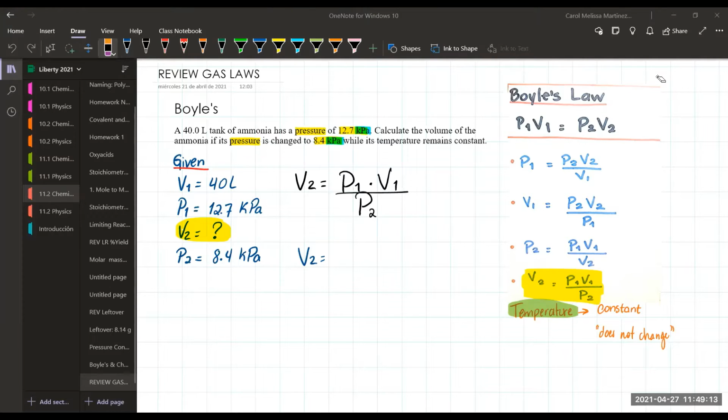Now we replace by the givens: pressure 1, that is 12.7 kilopascals, times the volume 1, that is 40 liters, all this divided by 8.4 kilopascals. This allows us to cancel the units kilopascals with kilopascals, and the remaining unit is just liters. So your final volume, now you perform this in your calculator.